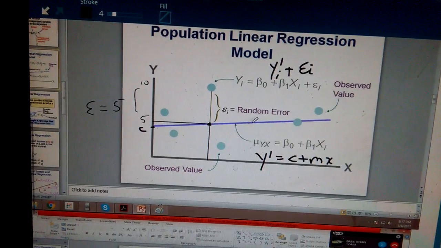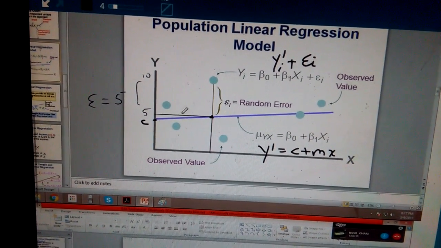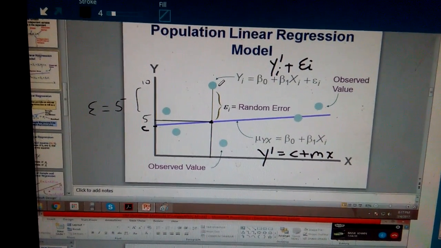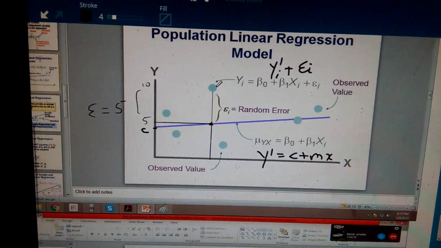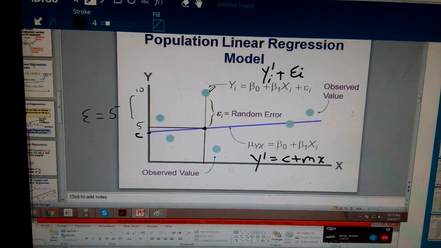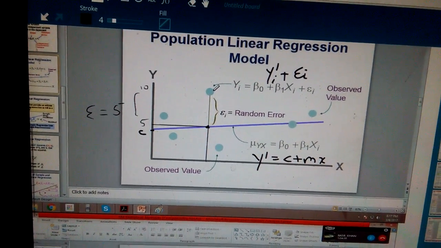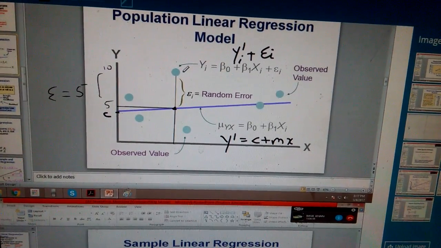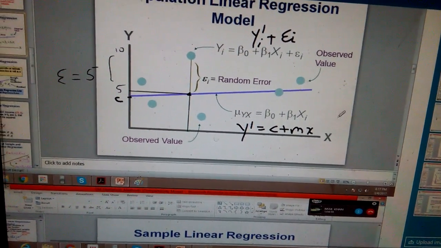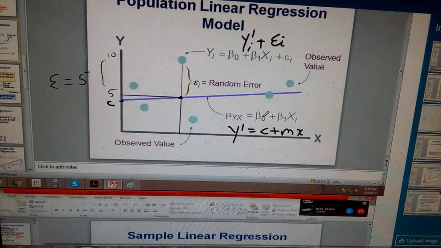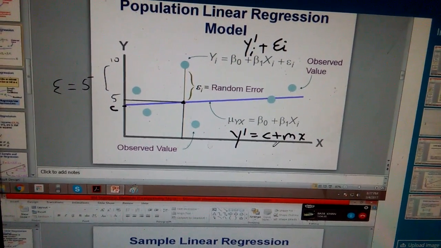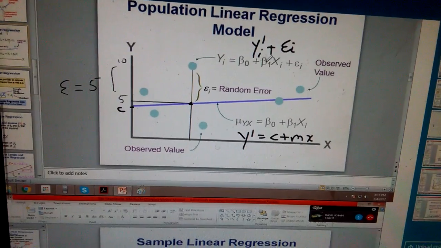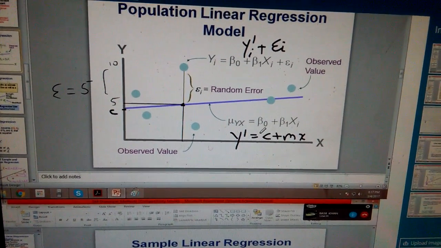So this is the line of best fit that we obtain with the help of the scatter plot of values obtained through the entire population survey. This is quite time-consuming and we do not have that much time, so we need a shortcut method to obtain the corresponding values of beta naught and beta 1. For that purpose, we take a sample out of this population data, and we call it the sample data.